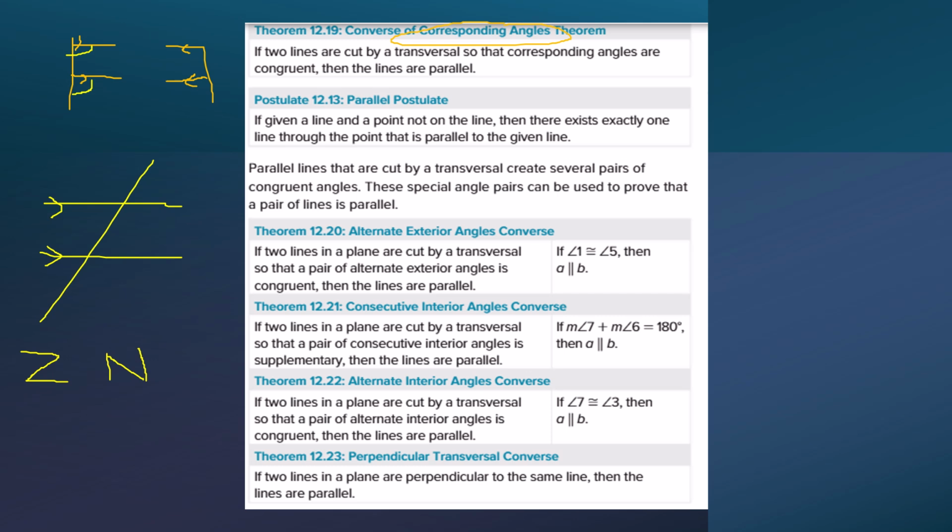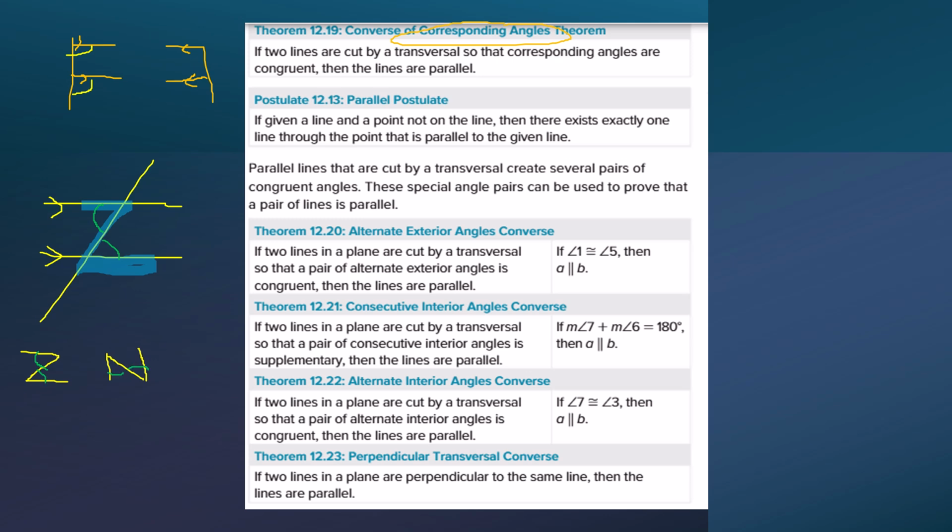So if we look at the Z, this is the letter Z. Remember, it's not exactly a Z, but almost like a Z. So this angle is equal to this angle. So therefore we call it the alternate interior angles.